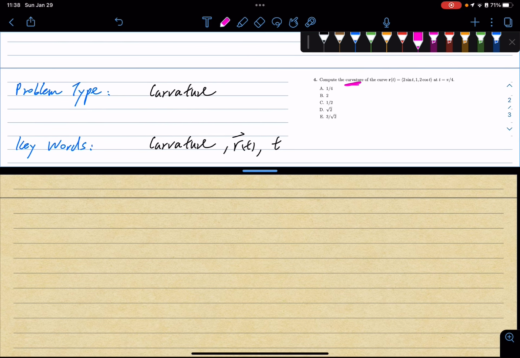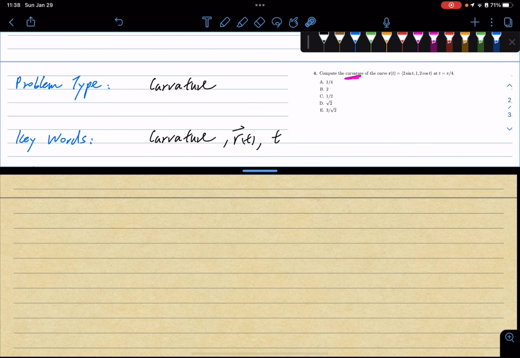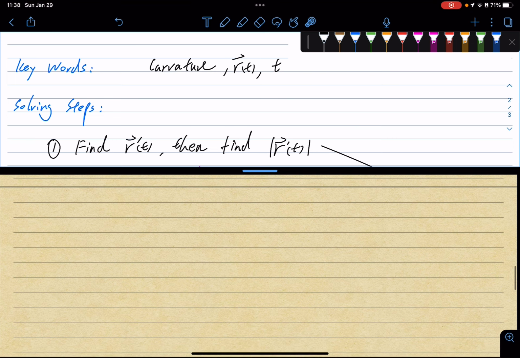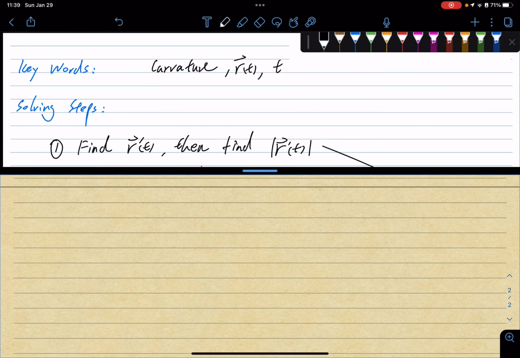The problem type is just curvature, and the keyword is, well, the name itself. To solve this problem, we are going to start with finding r prime of t. I hope you already know where the r of t is. It's usually given. So the first step is to find r prime of t.